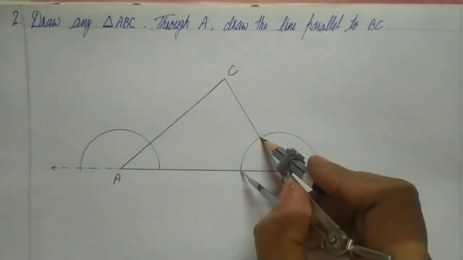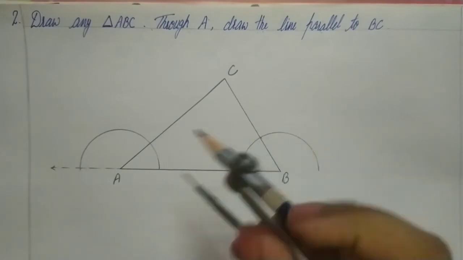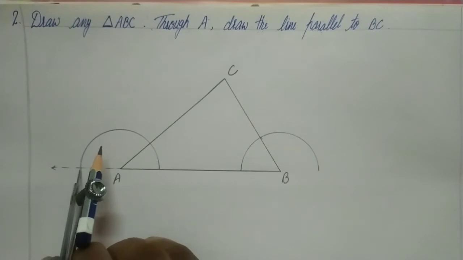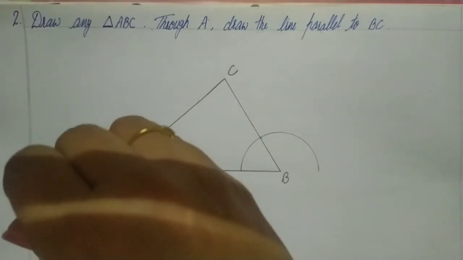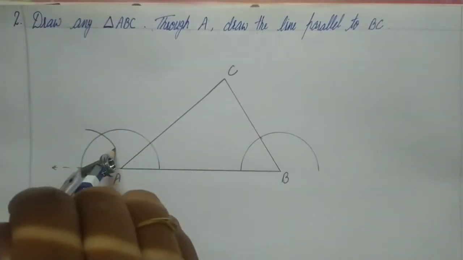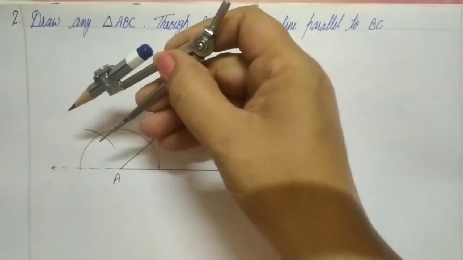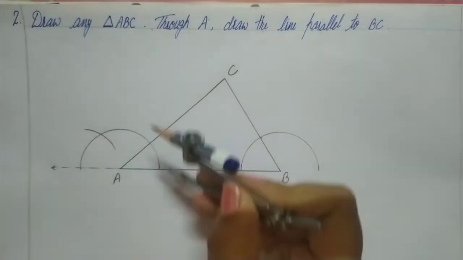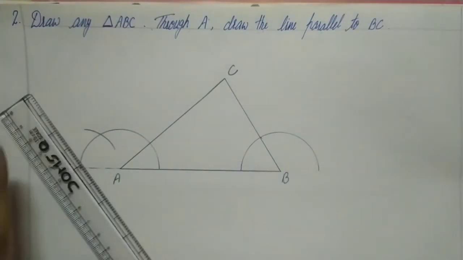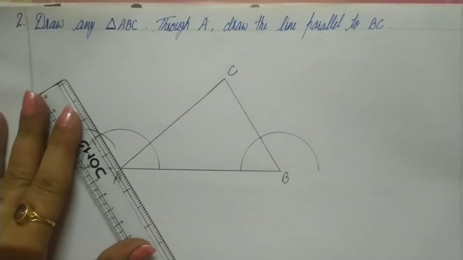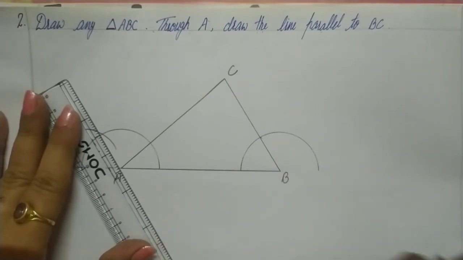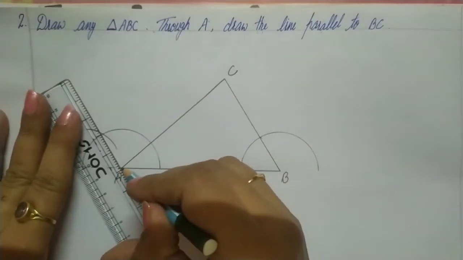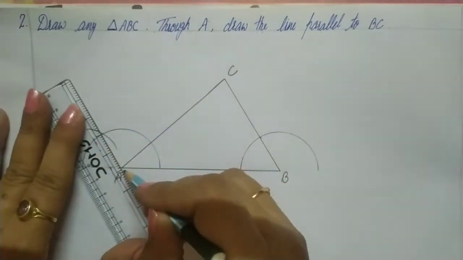Now with the same measure, mark an arc over here to the left side. This is the point of intersection of the semicircle and the arc. Now draw a line passing through point A and the point of intersection of the arc and the semicircle.